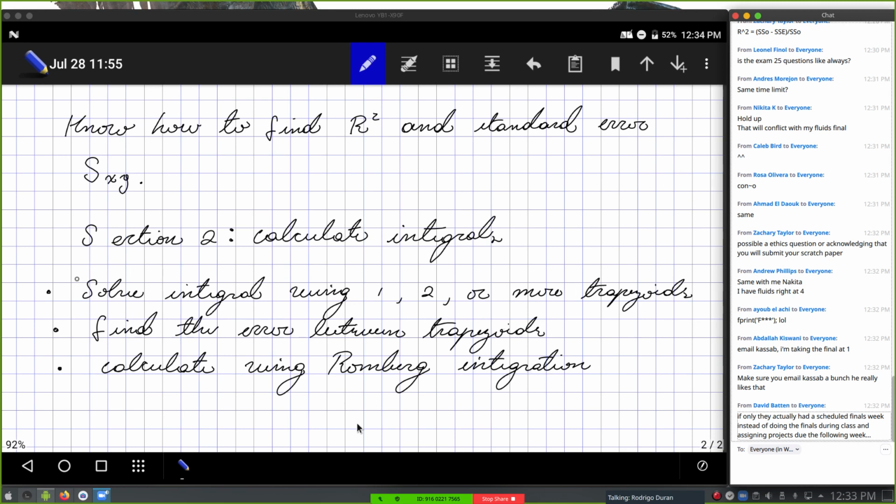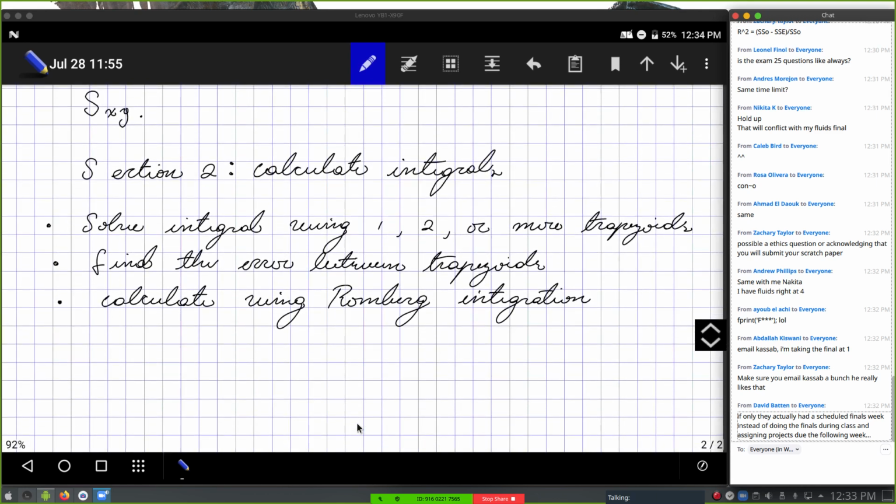These are the three sections of calculating integrals, without taking into account Gauss quadrature. So part of the same section, something that is definitely on the exam, as I told you before, is to find Gauss quadratures.